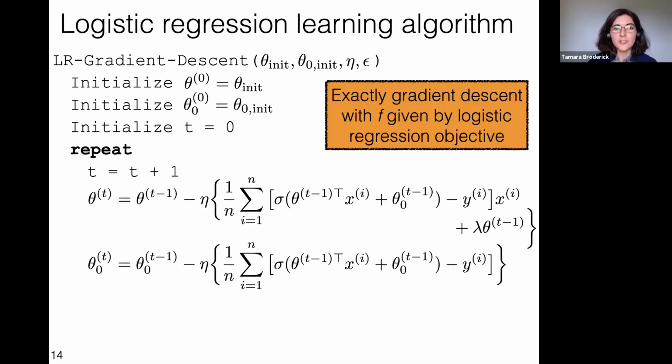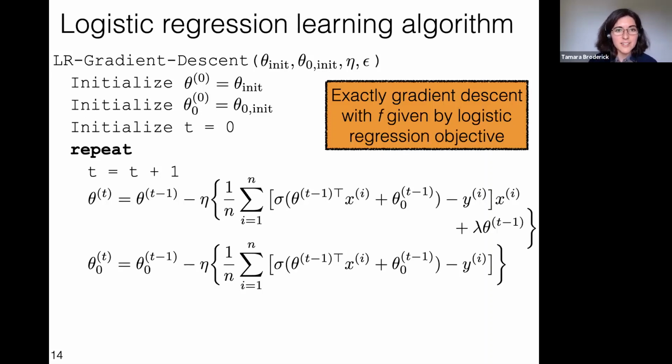Okay, so this looks pretty crazy. If you just saw this, you'd be like, whoa, math, what happened? But the reality is this is literally just taking the logistic regression objective, taking the gradients, and sticking them in. If this looks like a lot, the best thing you can do is go home, sit for a moment, and derive the gradients in logistic regression, and make sure this just pops out for you, that this is exactly what you get.